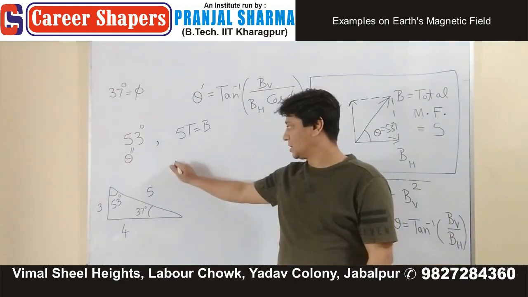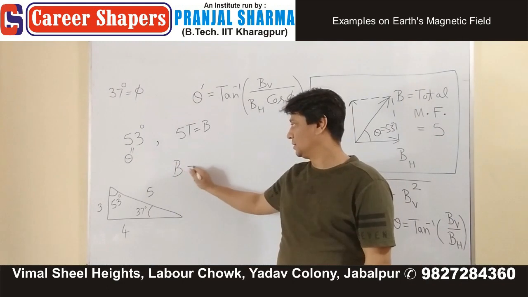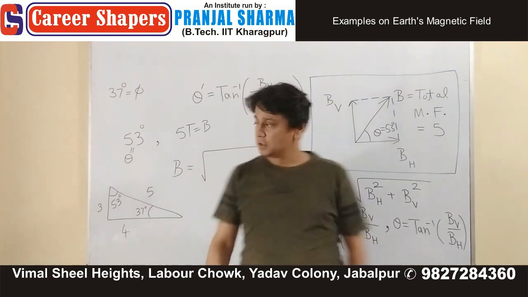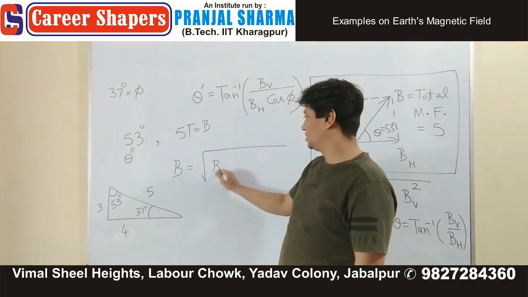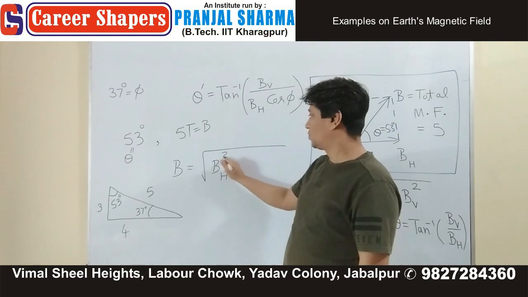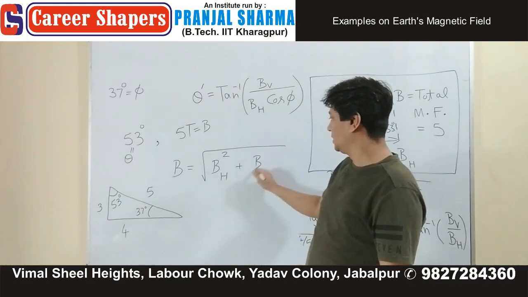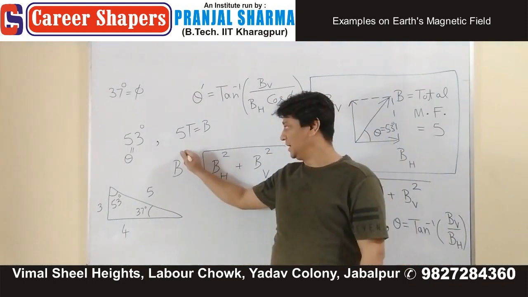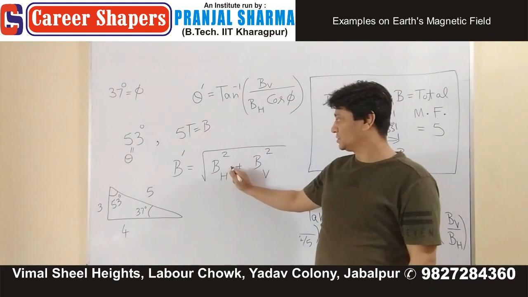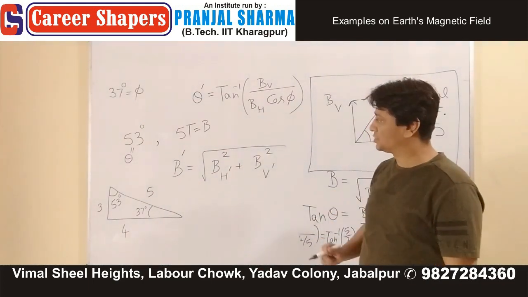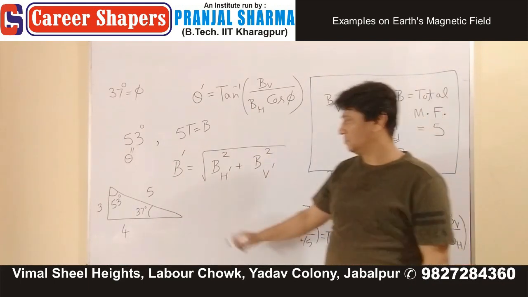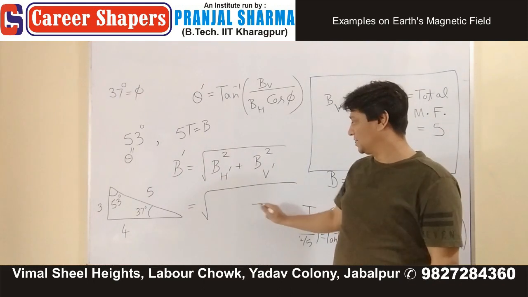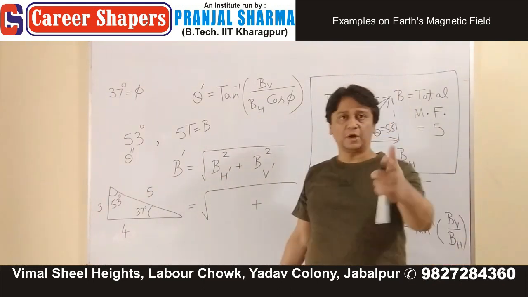Look here. I'm asking you B, which was what? Still on the board. What is B? Root over BH square plus BV square. But this time I'm asking you B dash, which is root over BH dash square plus BV dash square. That's all. BV dash, vertical component, doesn't change.